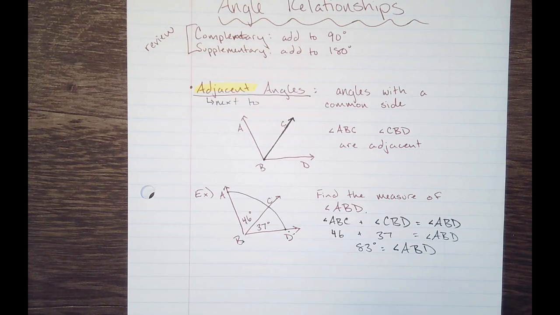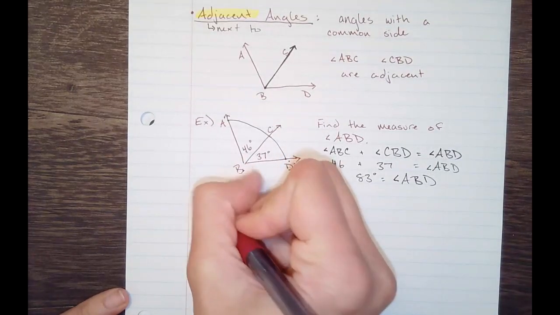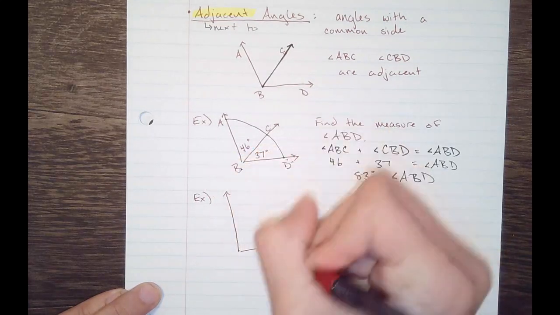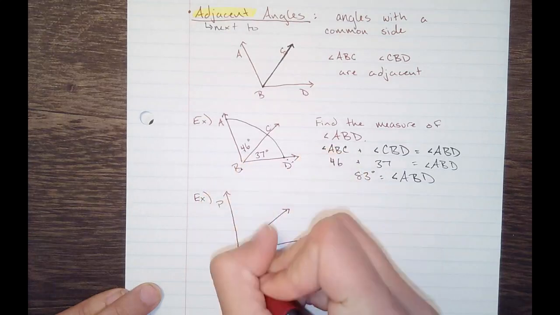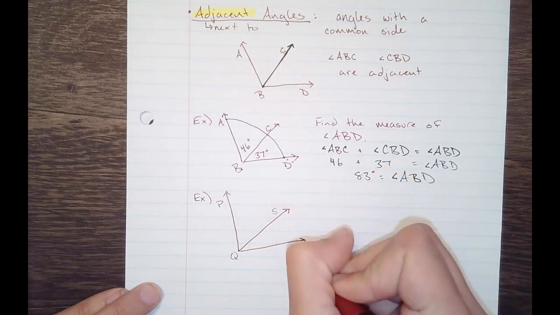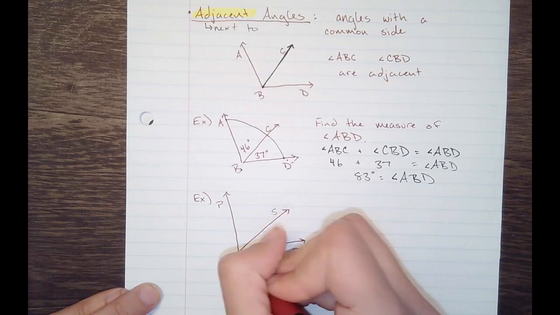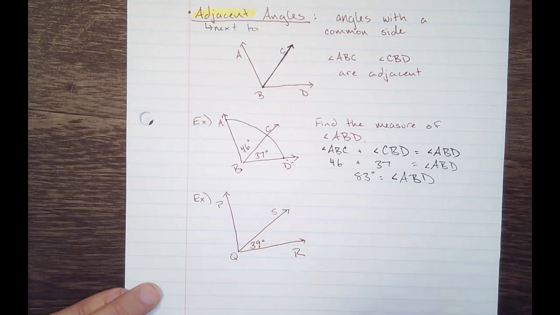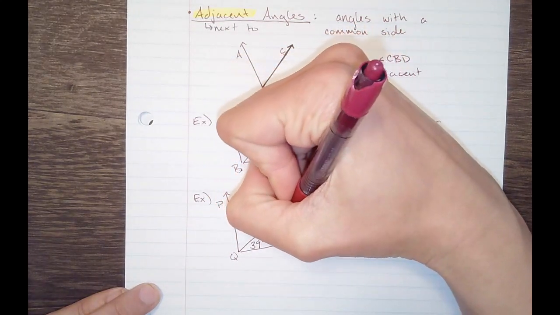The other thing that might happen is, let's say, we have P, Q, S, and R, and let's say that we know SQR is 39 degrees, and that we know this whole thing, PQR, is 111 degrees.